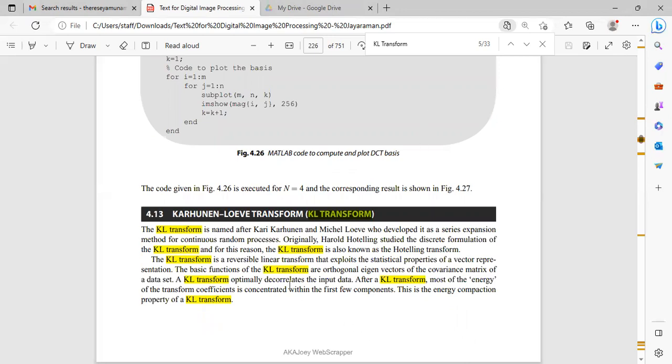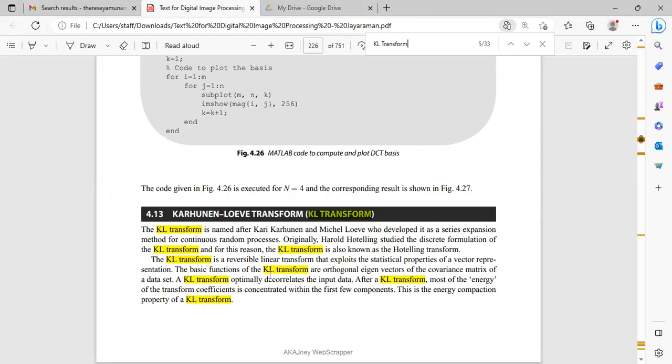So the expansion for KL transform will be Karhunen-Loeve transform. Okay. So KL transform is a linear transformation, and the important thing about this is there is no fixed basis function.